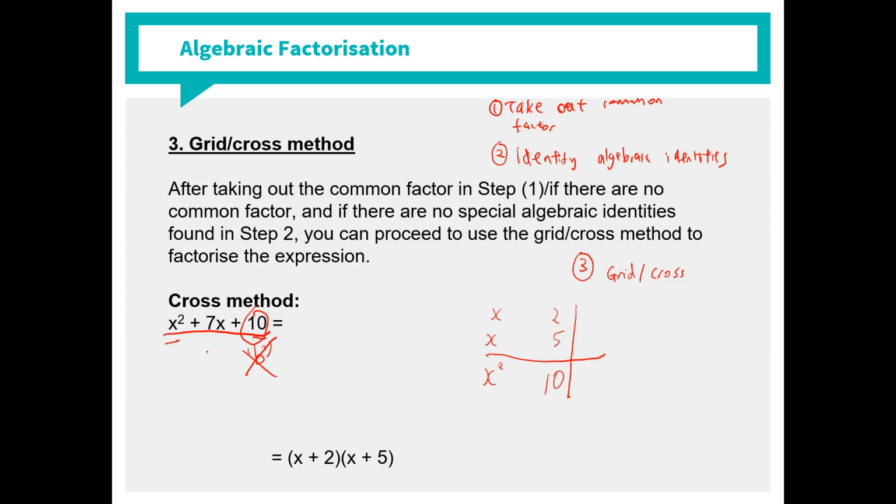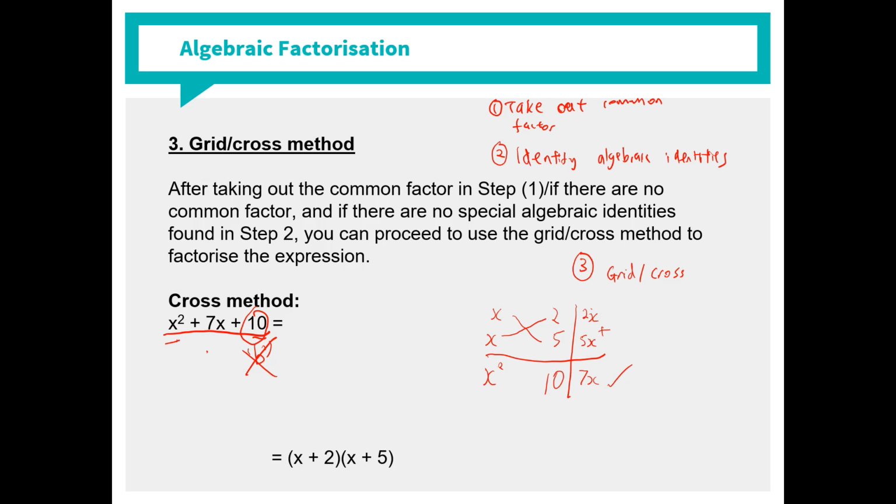So let's do the cross multiply and see if we eventually end up with 7x when we multiply and add them together. x times 2 will give me 2x. x times 5 will give me 5x. When we add them up together, it should give me 7x.